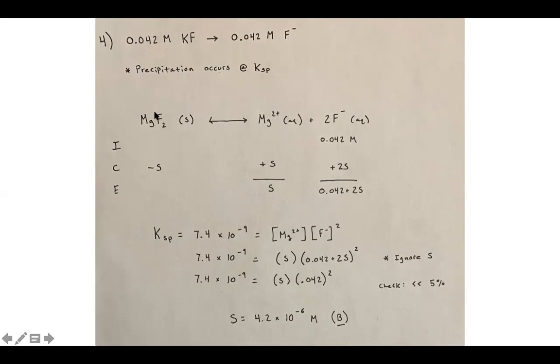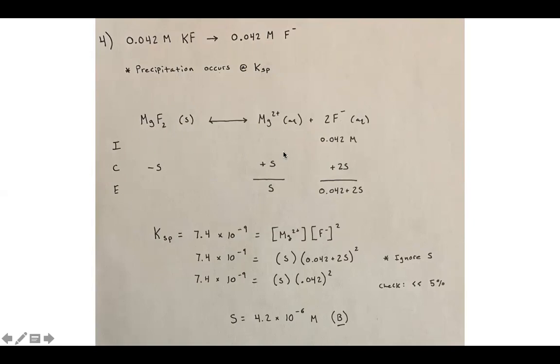If you wanted to flip this equation so magnesium reacts with fluorine on the reactant side to form magnesium fluoride, you could have done that. You just would have needed to solve for your KF, your equilibrium constant in terms of formation, which would be equal to 1 divided by your KSP. That would be a different, valid method to solve this problem. But in this case, I put it in terms of my KSP expression.